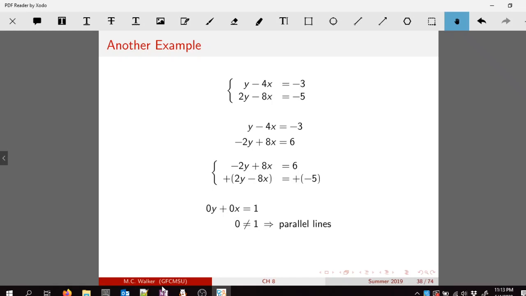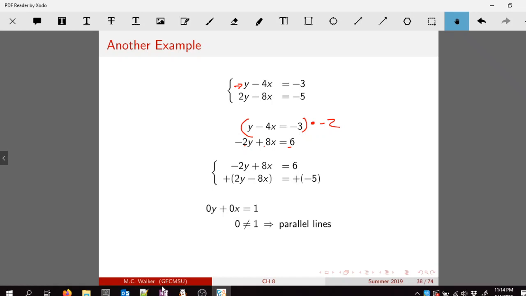Here's another example. y minus 4x equals negative 3, and 2y minus 8x equals negative 5. I'm going to take that top equation, y minus 4x equals negative 3, and multiply it by negative 2. I get negative 2y plus 8x equals 6.